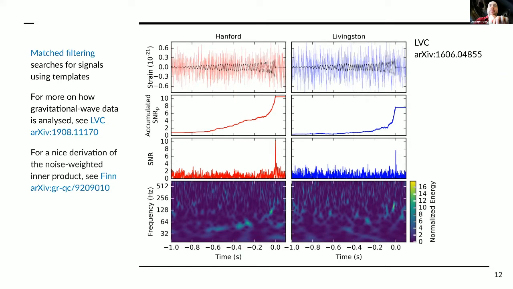Now, we can't just have one template for this; we have many templates. We have a template bank covering the range of parameter space that we look for. The density of the template bank needs to be carefully optimized to balance having no gaps, so we don't miss signals because we don't have templates that align well enough to match, versus having them too dense.